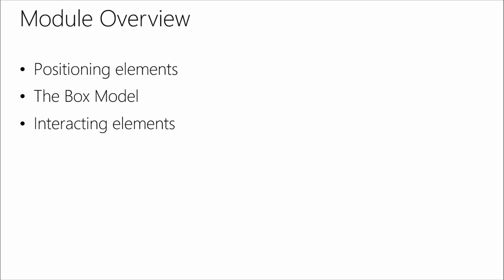We're going to talk about how to position your elements on the page: how to make something stay at the top of the page, how to make elements sit next to each other nicely, how to center things, as well as what goes into the position of an element. Not to get too philosophical here, but what is an element? What is it composed of?